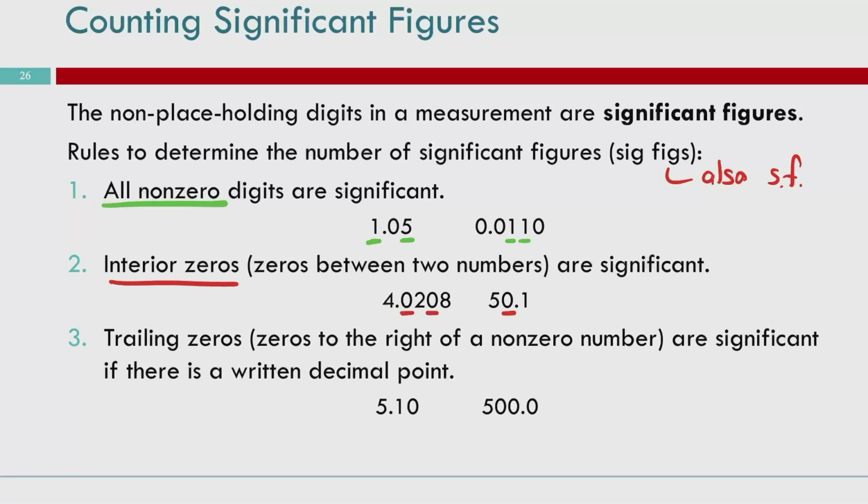Other zeros that are important are trailing zeros, with this fun caveat, if there's a written decimal point. So anytime there's a decimal point shown, our trailing zeros, zeros to the right, are all significant. So all those zeros are significant. And the non-zero digits are still significant. Short pause for people to write.